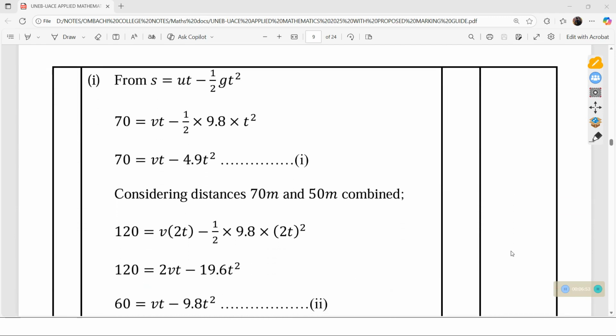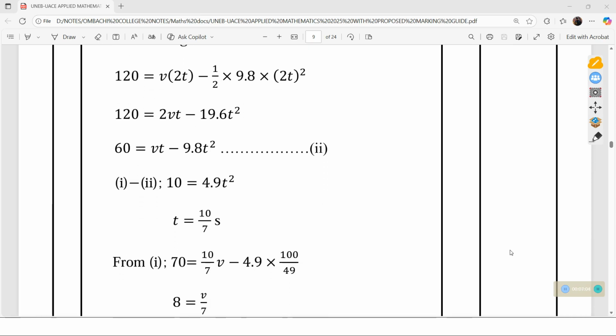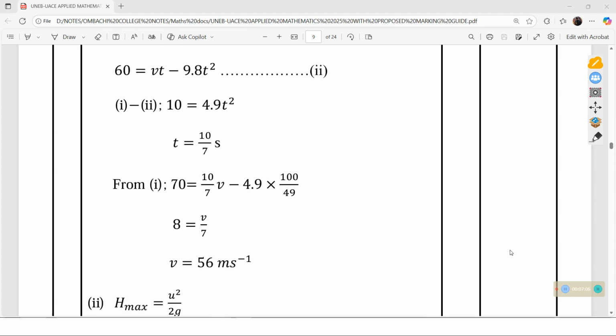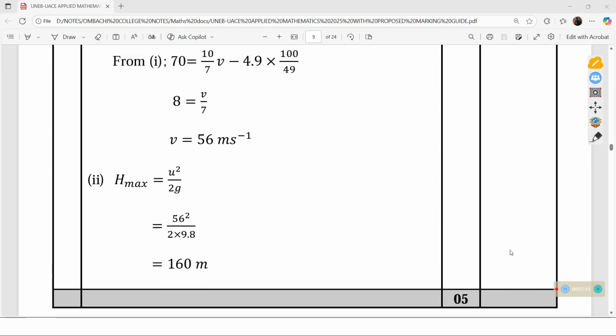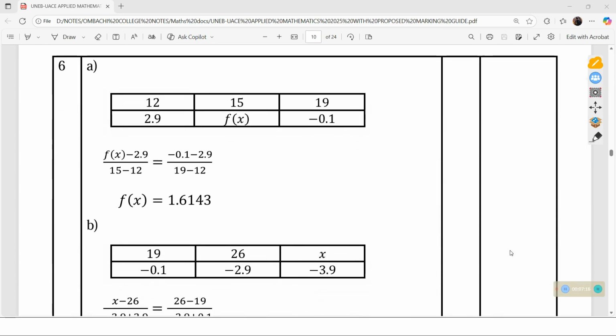We come to solution for number 5. We have number 6.